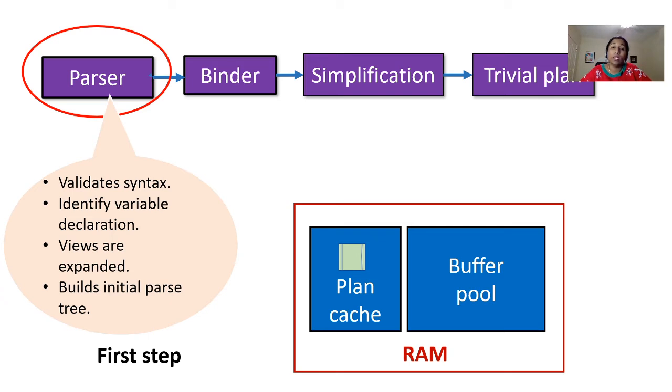And also the variables are declared here. For example, if you are using any variables, whether they are declared properly or not, those kinds of things are identified here. And views are expanded here. For example, if you are using a view inside your query, then the code text behind that view will be brought inline into the query we are sending.